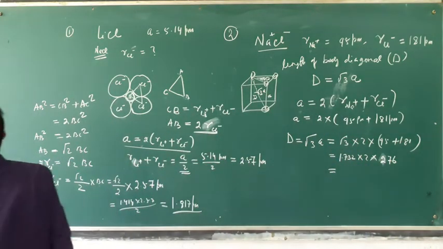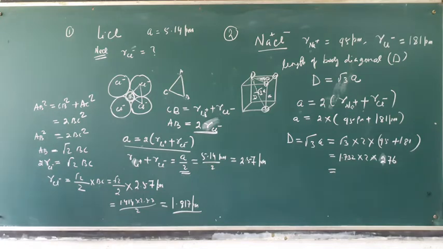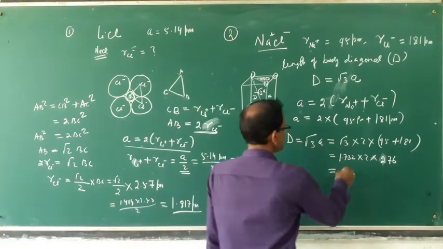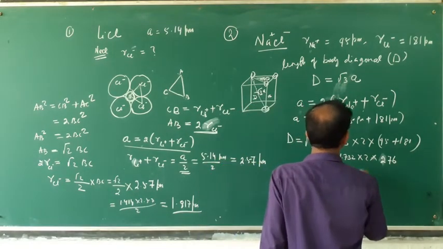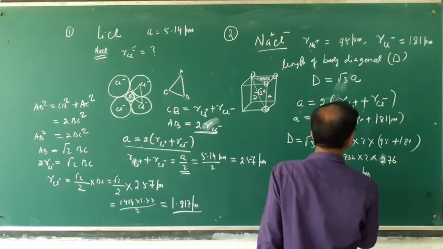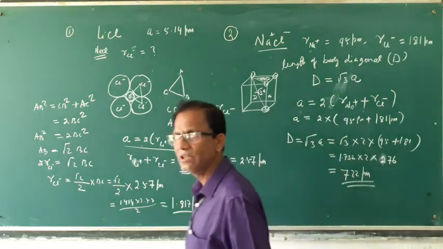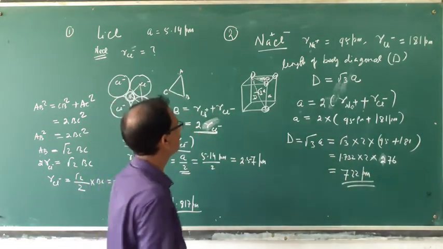What is the diagonal length? Approximately 956 picometer. This is the distance of the body diagonal.